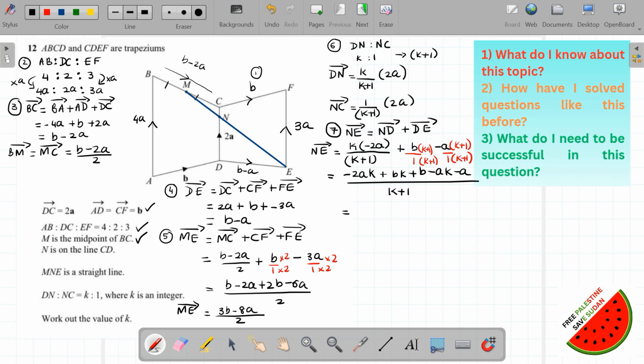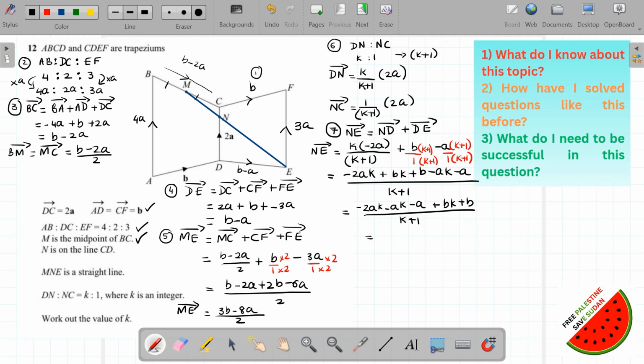All the a's are negative. Minus 2ak minus ak minus a plus bk plus b over k plus 1.